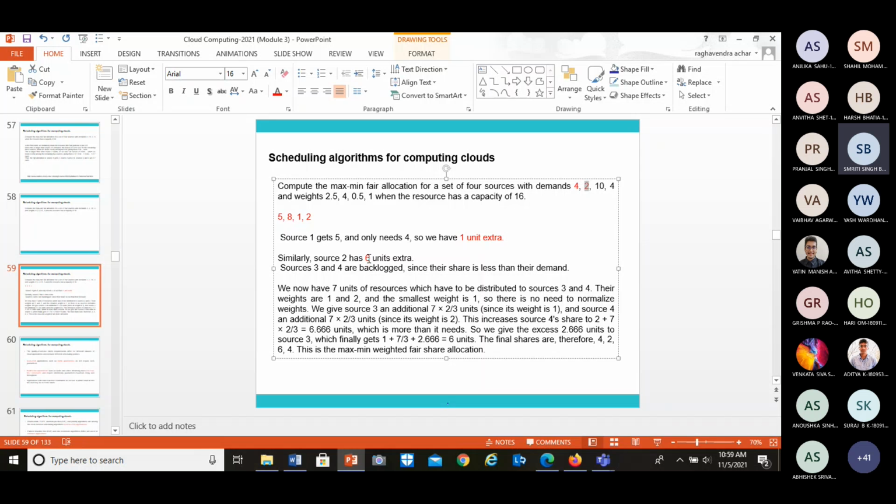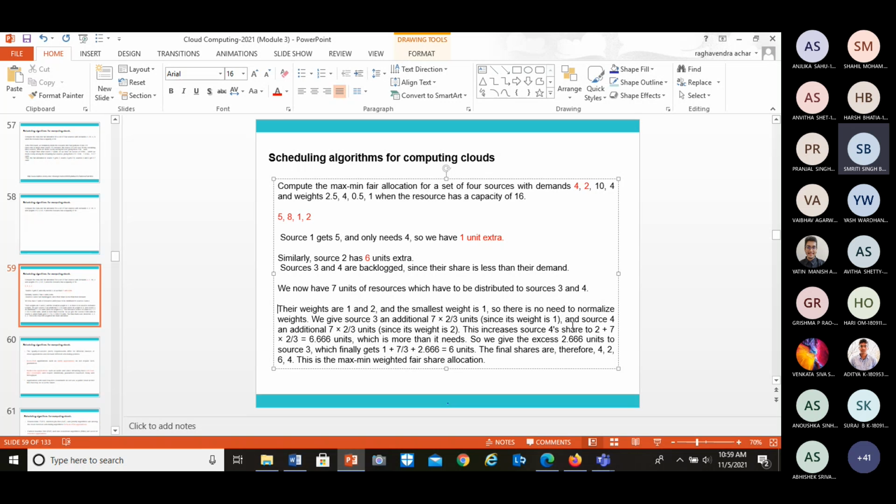So totally we have 6 plus 1, 7 extra, right? Now we have 7 units of resource which have to be distributed among 3 and 4. So how are you getting 7 units? 1 from the first and 6 from the second. Now this has to be distributed to the last two users.